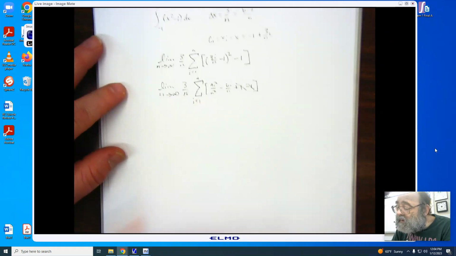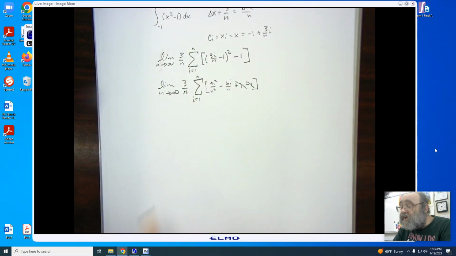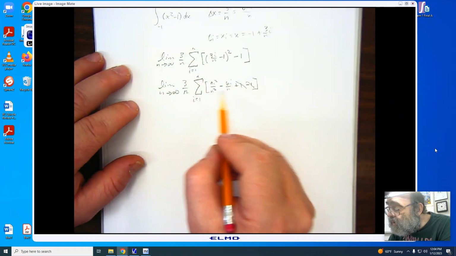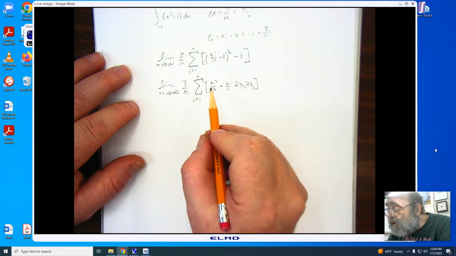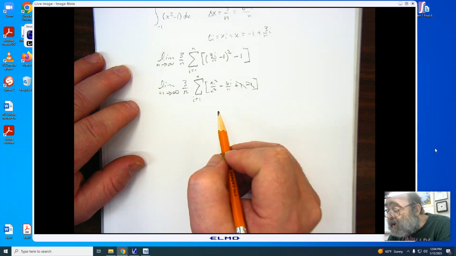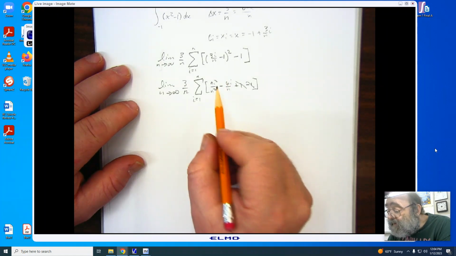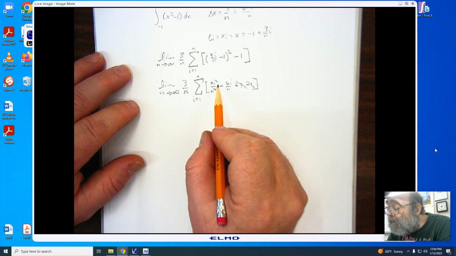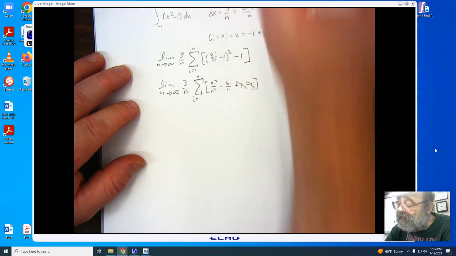Notice these cancel, and I'm now ready to begin the distribution of this piece to each. As I do, I'm going to be pulling out the 9 over n squared and the 6 over n in each term, and leaving myself with the i squared and i.